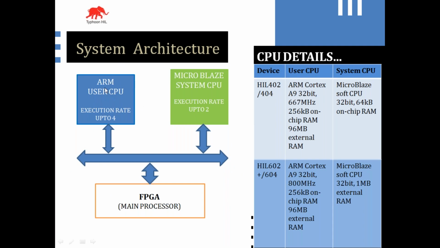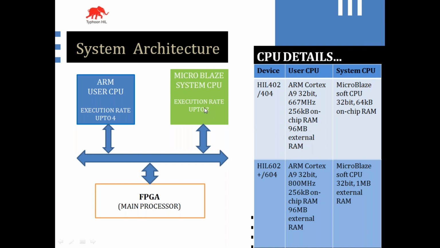In the user CPU we are using ARM, that is the Advanced RISC Machine, a family of reduced instruction set computing architectures for computer processors. And in Typhoon HIL technology, we are using ARM Cortex A9 32-bit 667 megahertz, 256 KB on chip RAM, 96 MB external RAM.